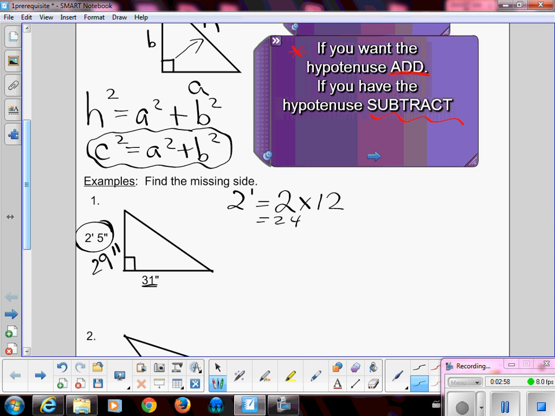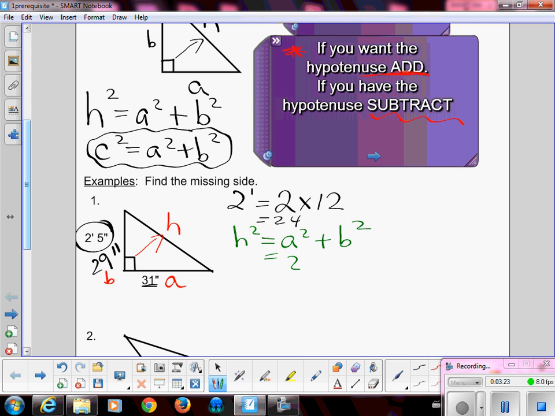Step number 1 said always identify the hypotenuse. So I need to find my hypotenuse. That's the one I need to find. I have A and I have B. Since I want to find the hypotenuse, I'm going to add. I write down my formula, a squared plus b squared.